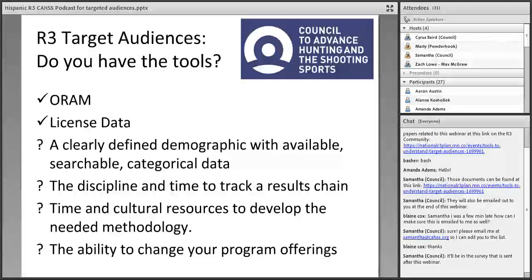Maybe changing gears slightly away from this specific study and talking about R3 target audiences. The things we learned through doing this come down to a question of, do you have the tools to do these things? This is exactly what the council and others are working towards. So many of us have R3 initiatives, and we're trying to put resources to that. So let's try to identify some of the key tools and skill sets that are going to be required to run one of these case studies and make it effective so it really impacts your programming.